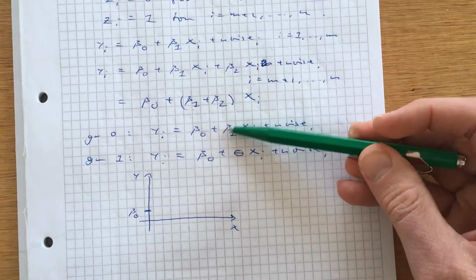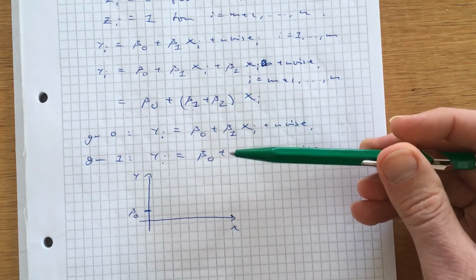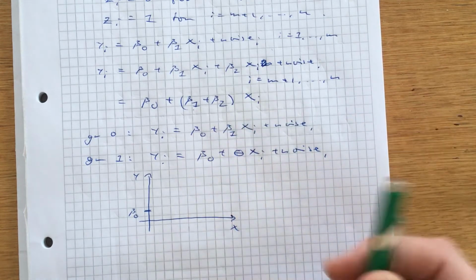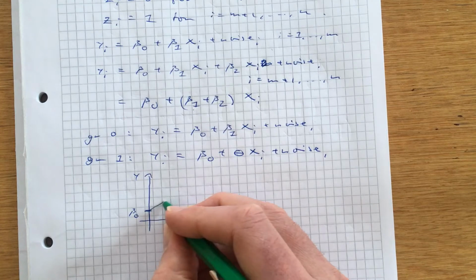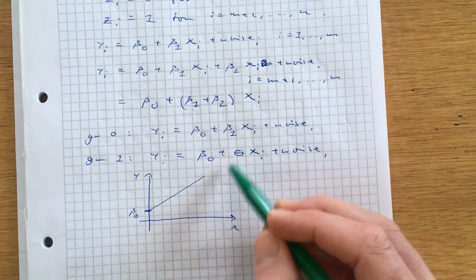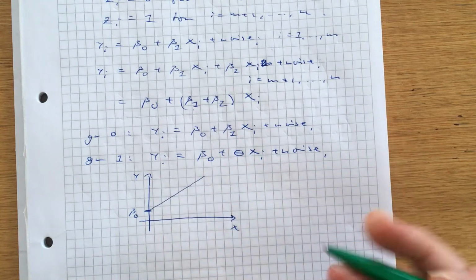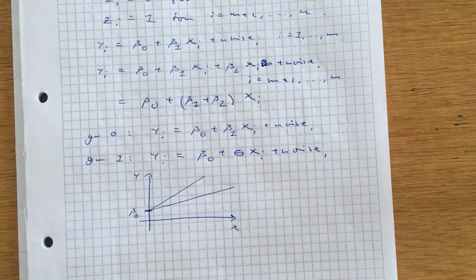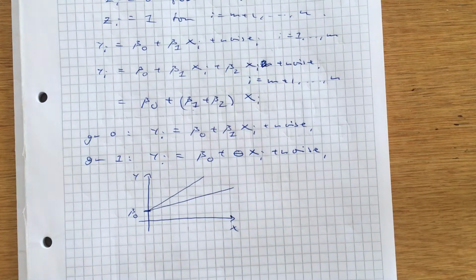But their slope can differ. So maybe beta 1 is a positive number, and maybe theta is a smaller positive number. Okay, we don't know it.